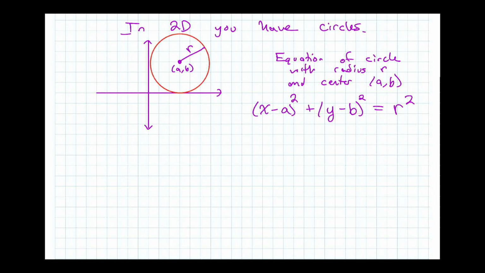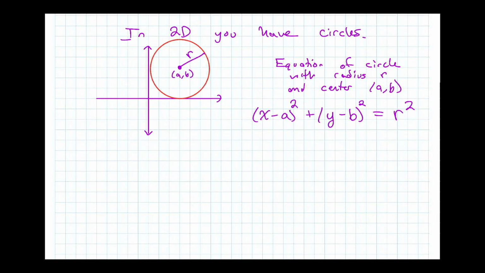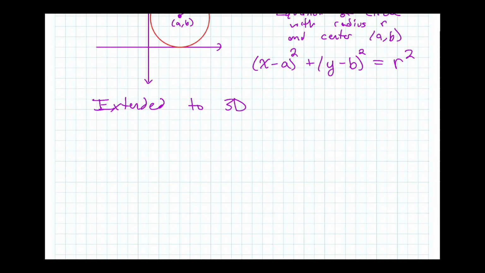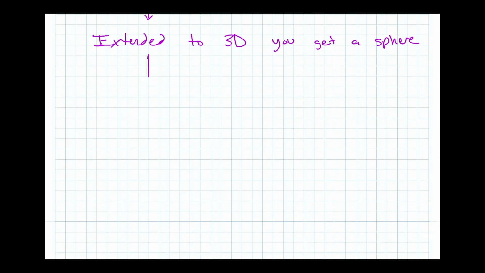Now, if you want to extend this to 3 dimensions, you're not going to have a circle, you're going to have a sphere, right? Extended to 3D, you get a sphere. And you better understand spheres pretty well before too long, because we use spheres all the time.